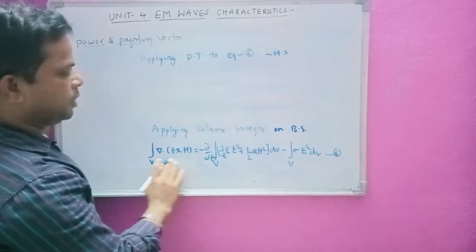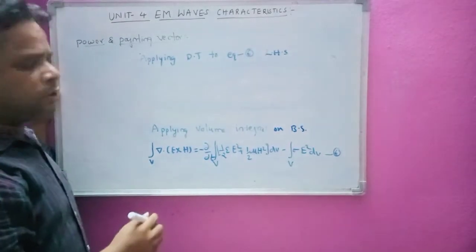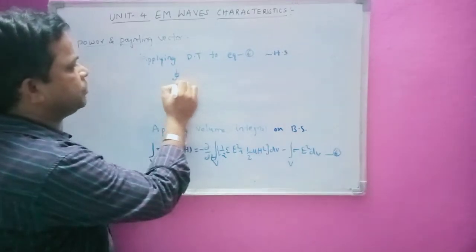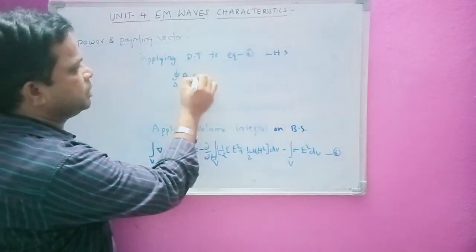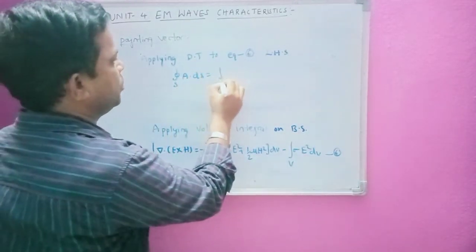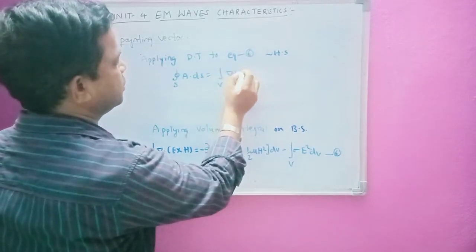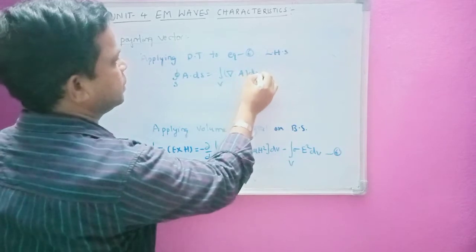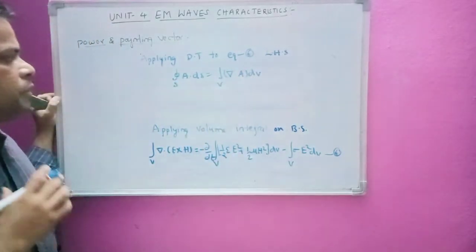We know what the divergence theorem states: the closed surface integral of A dot ds is equal to the volume integral of del dot A dV.